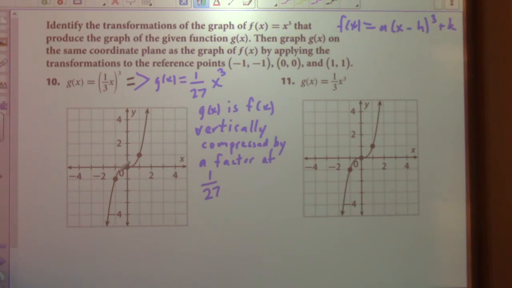they help you out by giving these reference points to start with. And so if we take x, f of x, and I'm going to write a third column here called g of x.